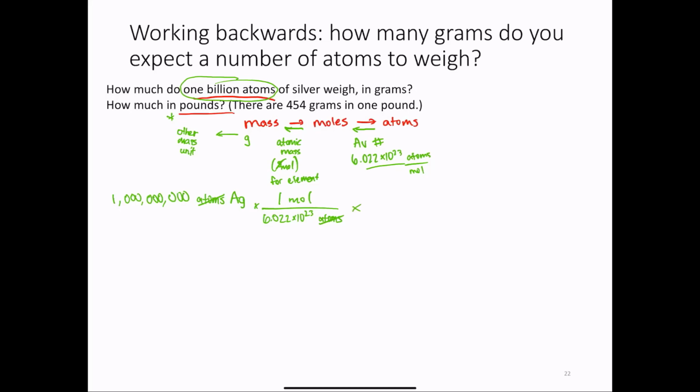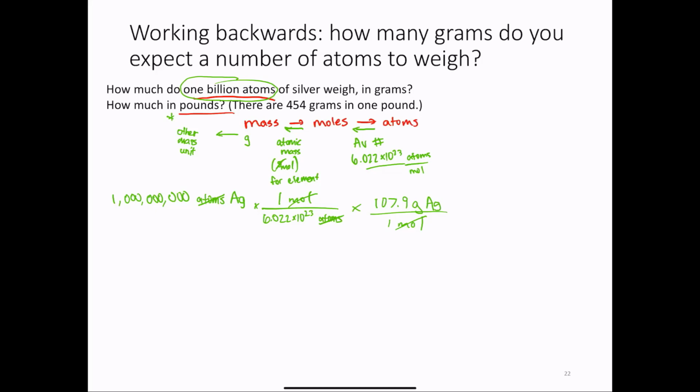Okay, so we want to get into grams this time. So we're going to use the atomic mass, flipped the right way up. So that's 107.9 grams of silver per 1 mole of silver. And so then that mole cancels out. Hooray! And so then the last step from there is we don't want to be in grams, we want to be in pounds.